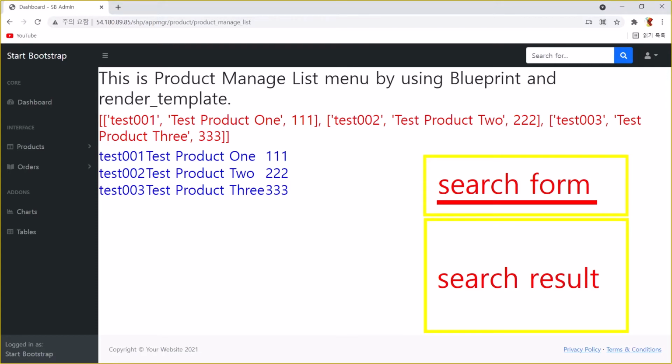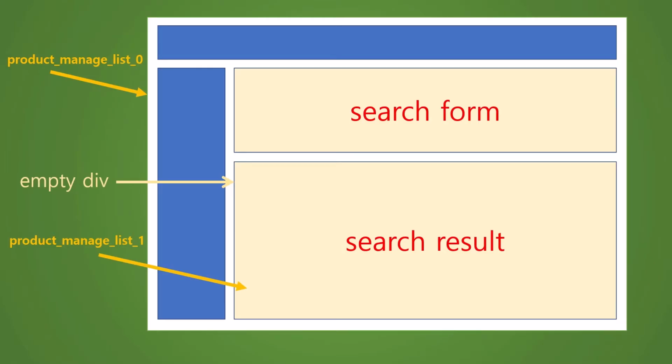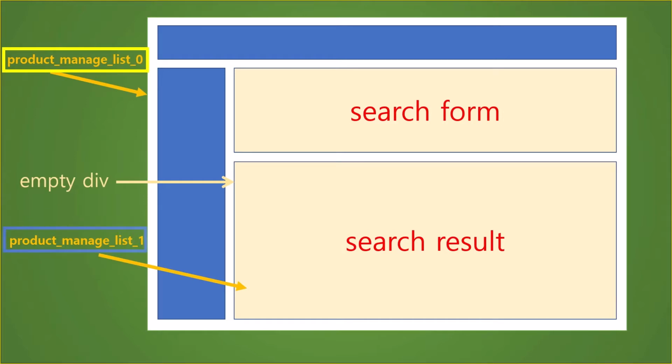One part contains a search form, and the other part contains search results. In more detail, I will construct these two parts by using two different URLs: Product Managed List 0 and Product Managed List 1.